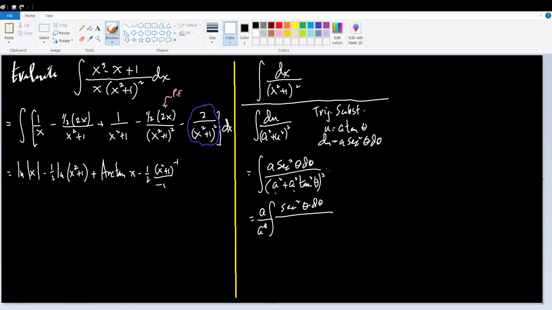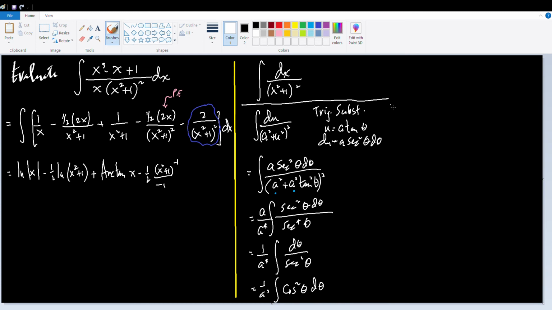After factoring a squared, it becomes 1 plus tangent squared, which is secant squared, and secant squared squared is secant to the 4th theta. So a over a to the 4th is 1 over a cubed, and secant squared over secant to the 4th is 1 over secant squared, and 1 over secant squared is cosine squared theta d theta.